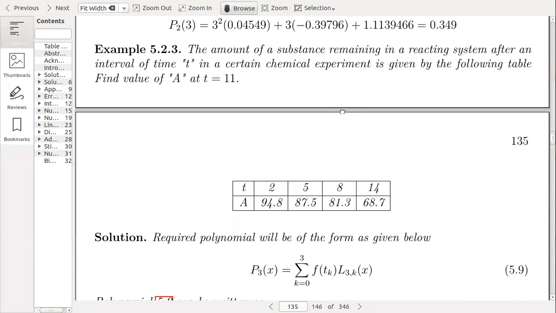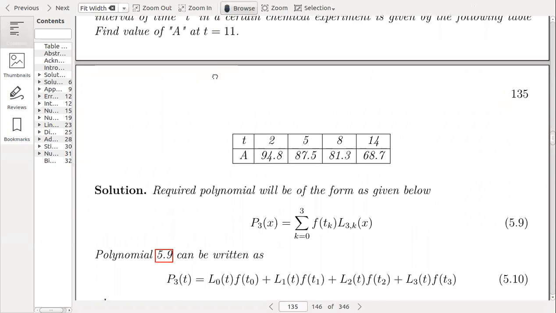The next example: the amount of a substance remaining in a reacting system after an interval of time t in a certain chemical experiment is given by the following table. Find the value of A at time t = 11. So here is the table.